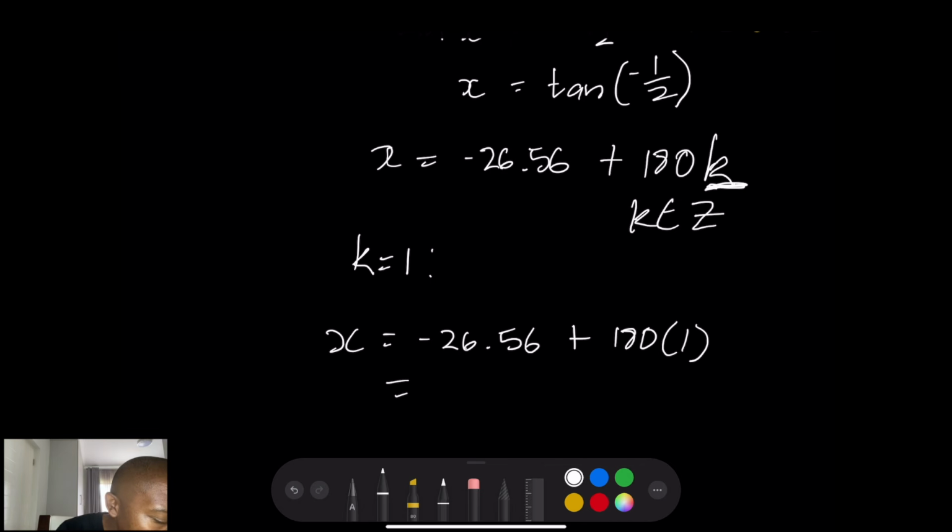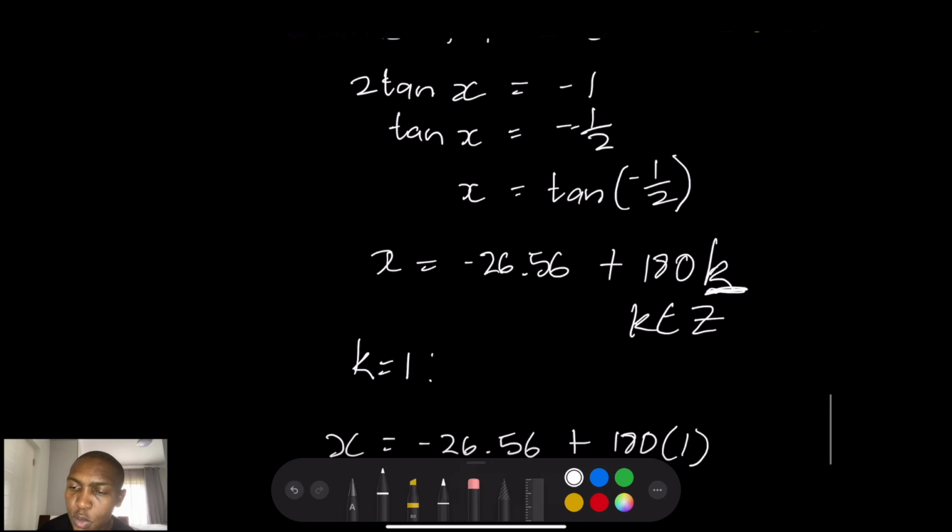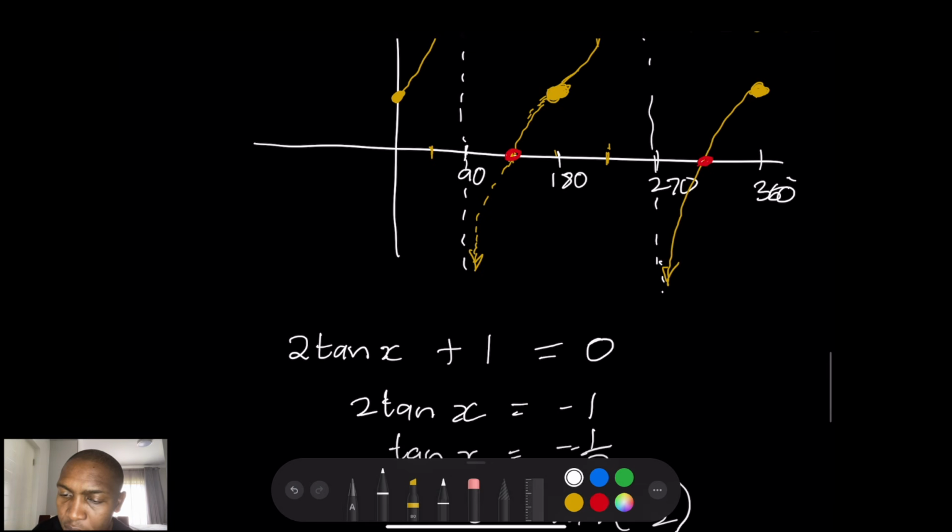I'm going to add 180 there. I get 153.43. So it means that value there is 153.43. Let me write it in red. It's that value over there, the red one.